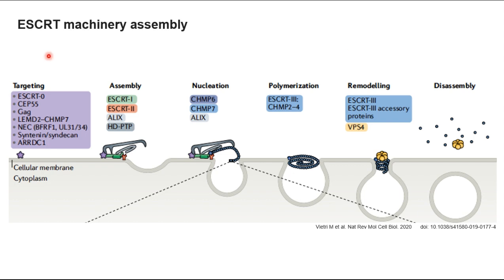Here you have a schematic of how the ESCRT complex is recruited toward a point of the cell where a process is going to happen. Here we have some of the proteins that are able to be the target for the rest of the ESCRT machinery, and this depends on the process that we are paying attention to.